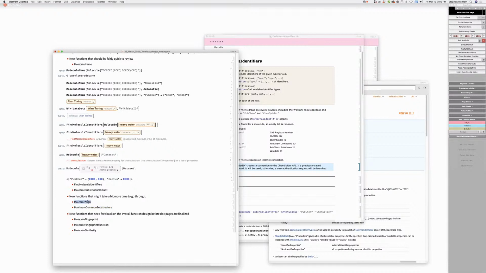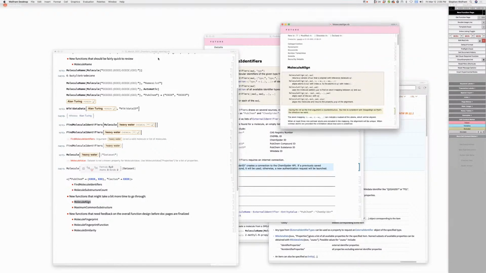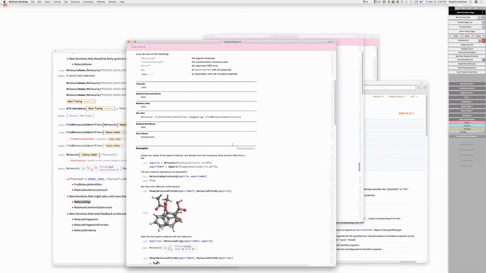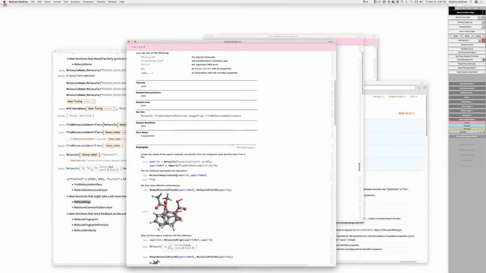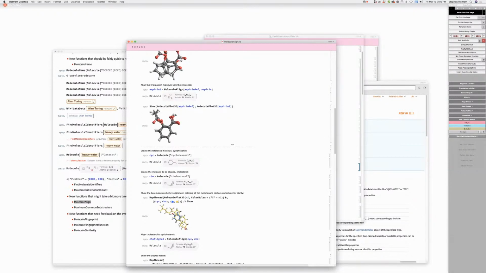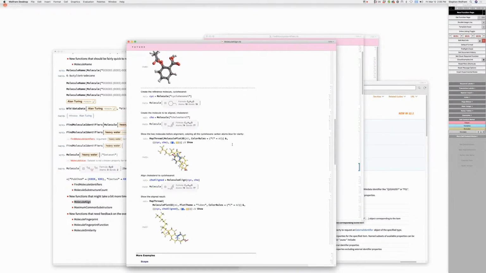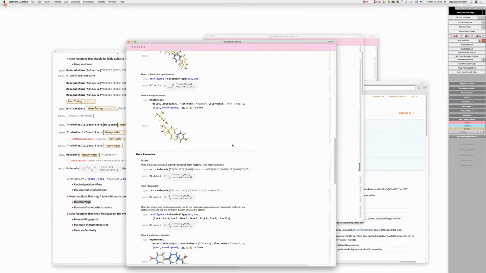Yeah, the estradiol and resveratrol example. What does align mean in this case? Well, I'm about to find out. Further down. Not that one. Here we are. This one.